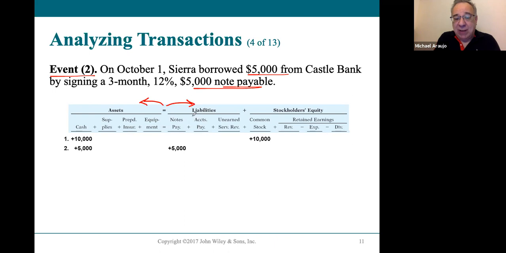Here's another thing to remember. After every single transaction, you have to have an equal debit and credit, right? So if you've already identified the debit and you're 100% sure you're good on that, the other side has to be credited because they have to balance. Debits and credits need to equal.